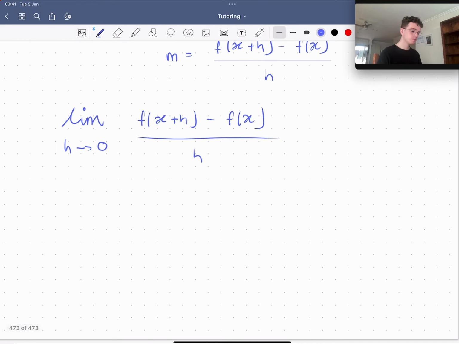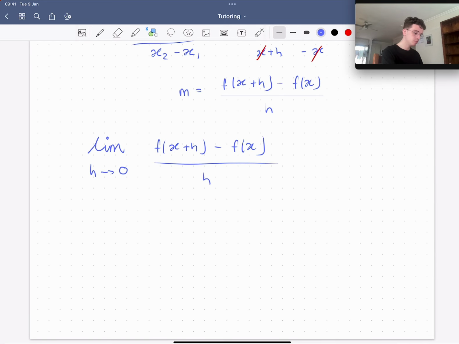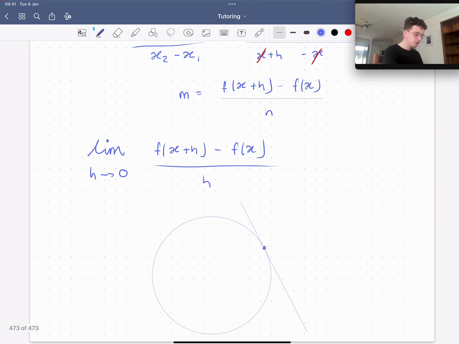Now, from junior mathematics, you should know that if I have a circle and I draw a line that touches the circle only once, I call this a tangent. You guys should know that.